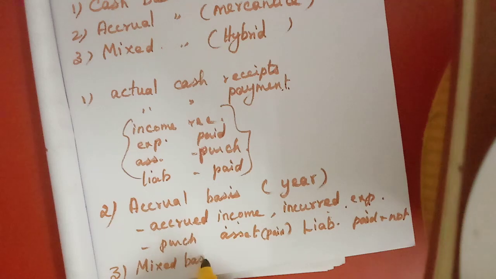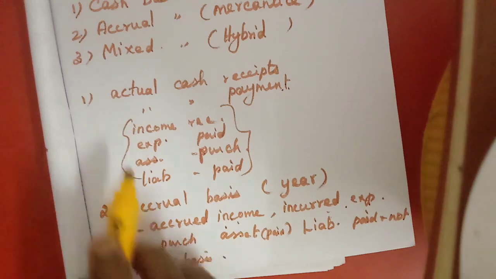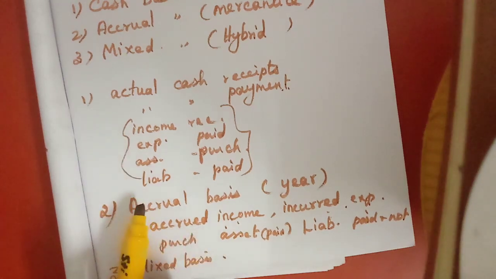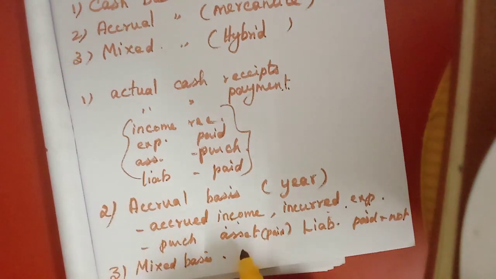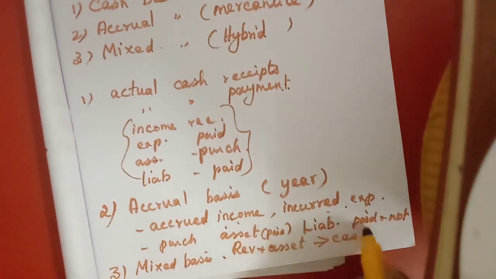Then the last one is mixed basis. In the mixed basis, they will join these two bases, cash basis as well as accrual basis. For which one will they consider the cash basis? The revenue and asset, that means income and asset, they will consider only on cash. If we have received the income or paid for the asset, only then they will enter it.